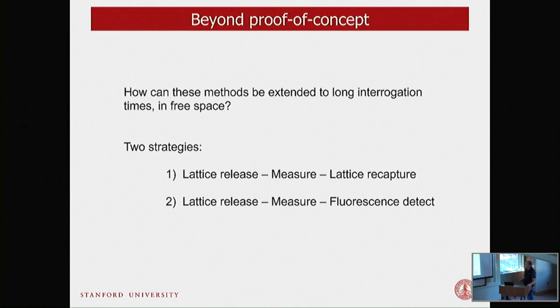And method 2 is to prepare atoms in the lattice, release them, apply a pi/2 pulse, let the atoms expand, and then detect them in fluorescence. Both have their pros and cons, and let me tell you a little more detail about where we are with each one of those.